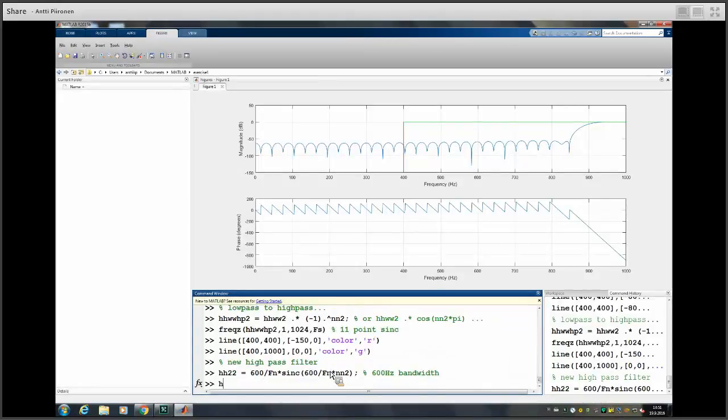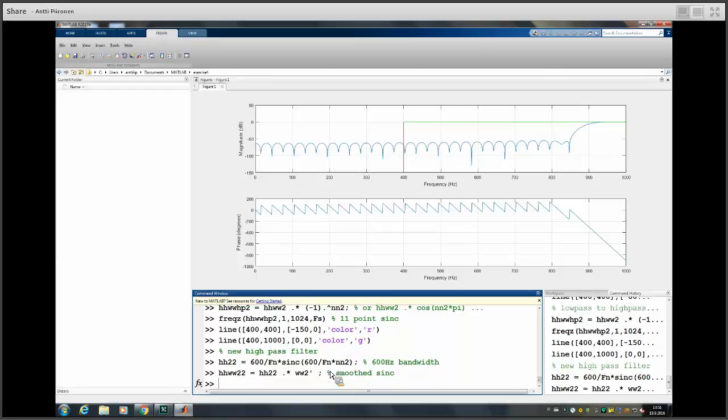Then I will calculate the HHWW. All right, that one is 22. Smaller sink. The sink is still the same. No, the sink is different, but the window is still the same. Okay. And here that one would be different.